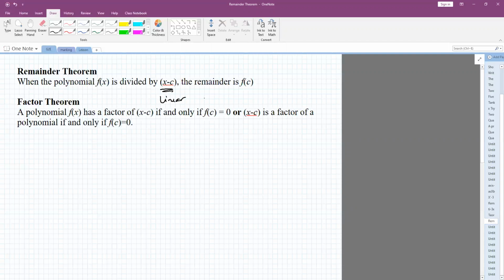So I'll give you an example using the quadratic function that we had yesterday.